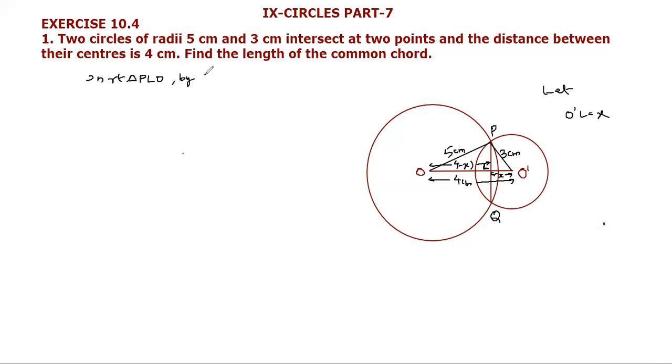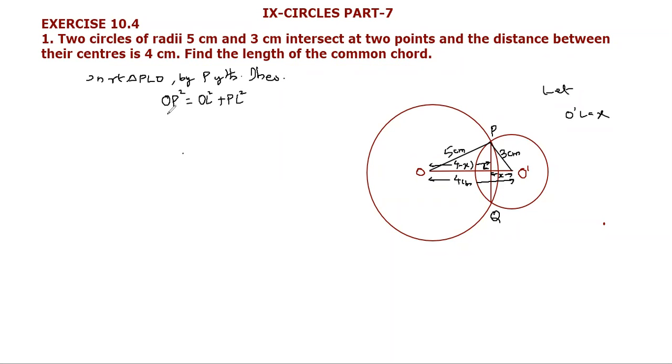By Pythagoras theorem, which will be the hypotenuse? This is 90 degree, so OP will be the hypotenuse. So OP square will be equal to OL square plus PL square.